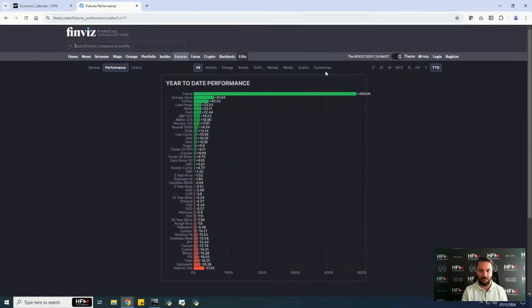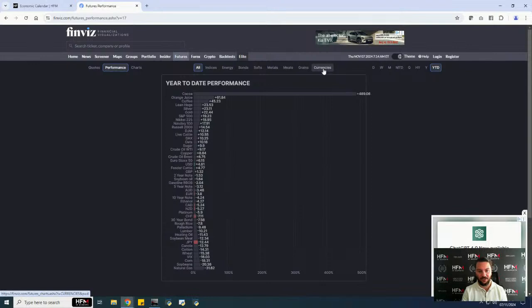So if we look at the year performance of currencies, you can definitely see, of course, the best performing, ladies and gentlemen, is the US dollar. Of course, it's the best performing. Yesterday alone, it increased in value by 2%. So that's, of course, a very clear answer.